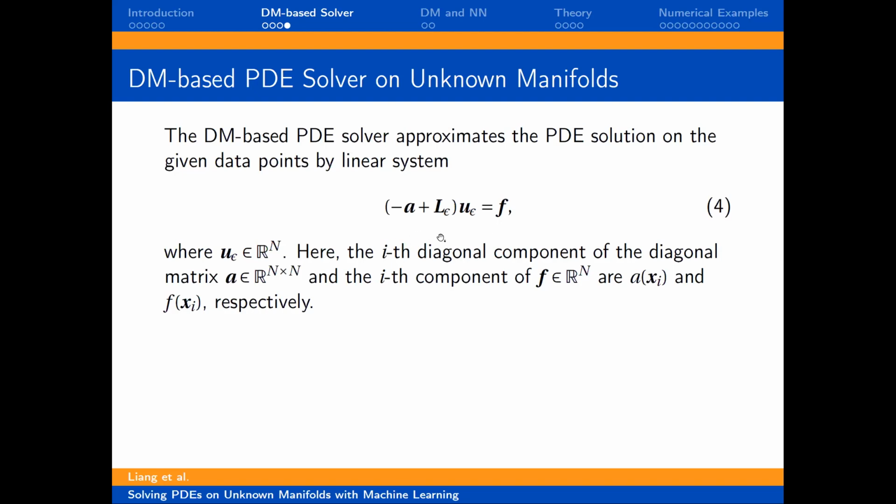As we pointed out before, we can only get the solution on the given point cloud, not elsewhere. Also, the matrix is of size n by n, so with an increasing number of training data n, the matrix size becomes larger, and solving this linear system becomes a computational bottleneck.